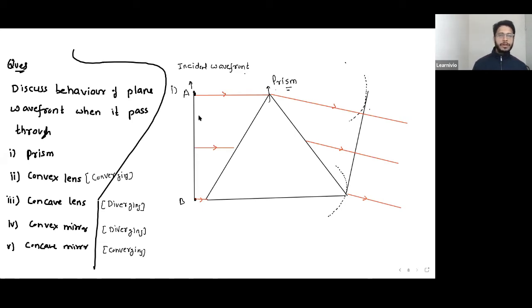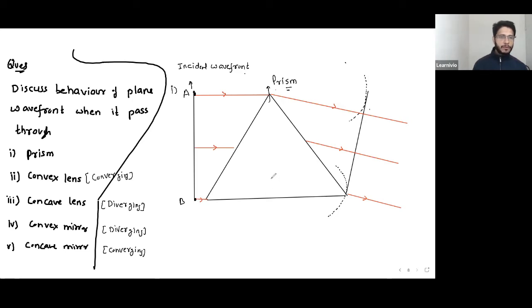See, what I did: this is my primary wavefront. I take two points on the primary wavefront. From this primary wavefront, I take these arcs. These arcs are basically secondary wavelets. One arc from point A, another arc from point B. The arc from point A has a larger radius as compared to the arc from point B. The reason is that from point B, the ray will travel a major distance through glass.